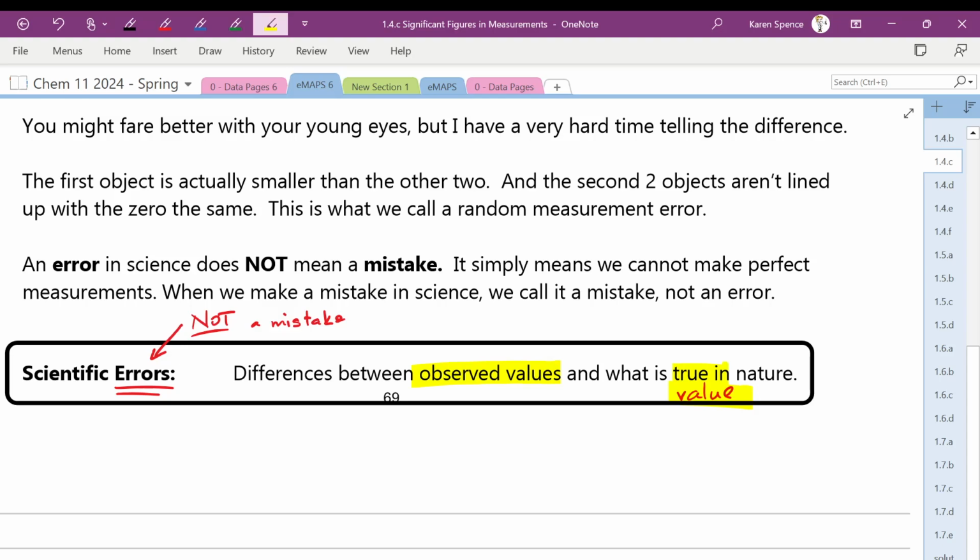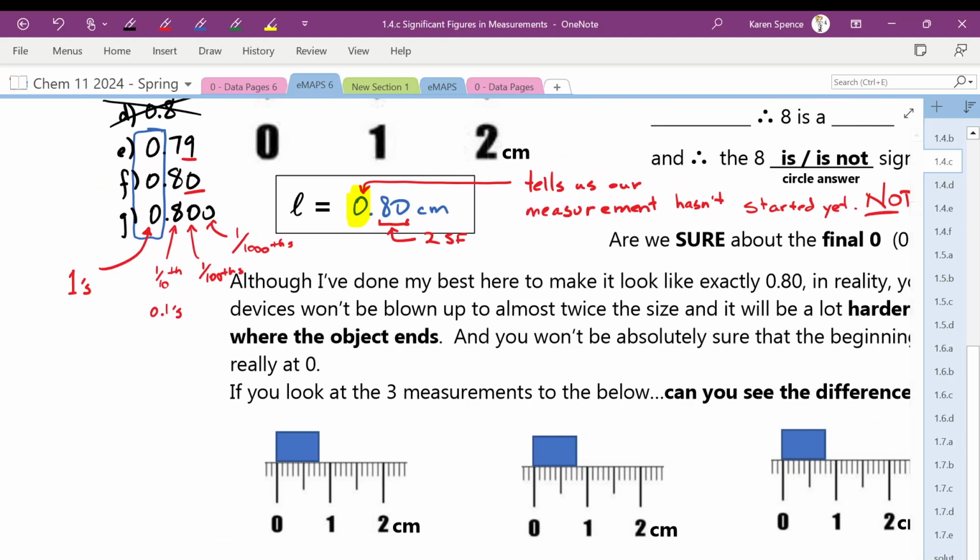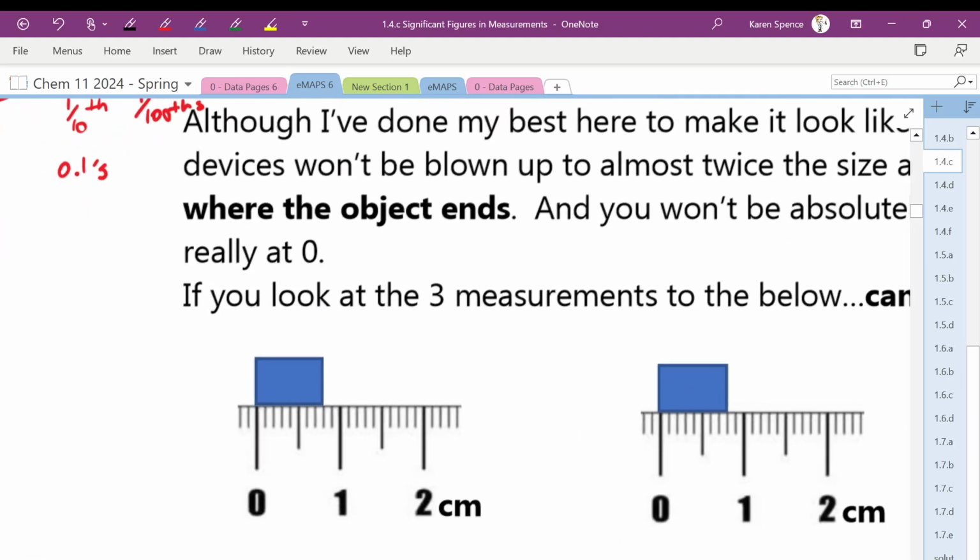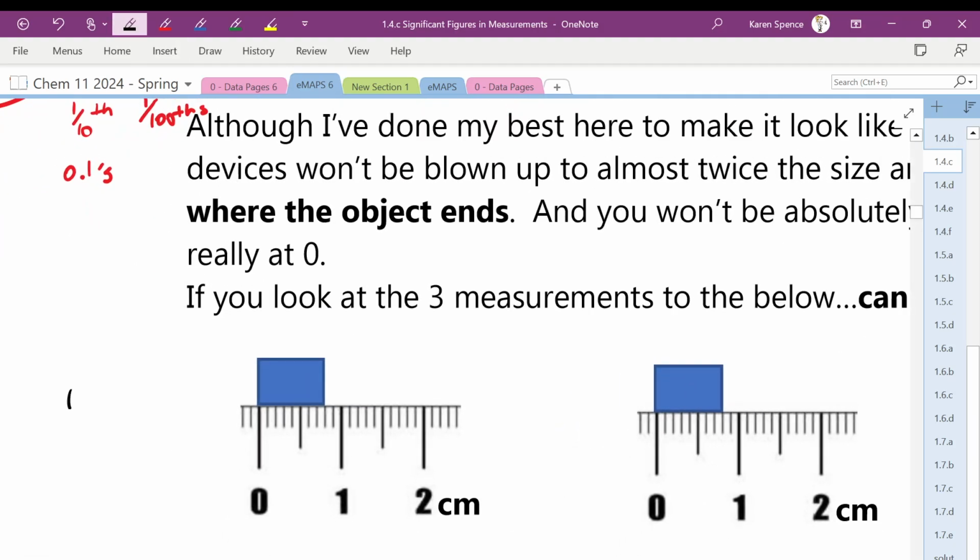Yes? The error here, for 0.80, is plus or minus 0.01. So that's the margin of error. Have you heard the word margin of error?